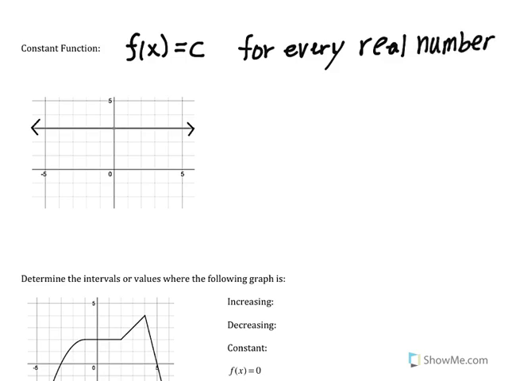So no matter what you plug in for x, you're going to get the same value out. Our example down here is f of x is equal to 3, or the line y is equal to 3. Constant functions will always be horizontal lines.